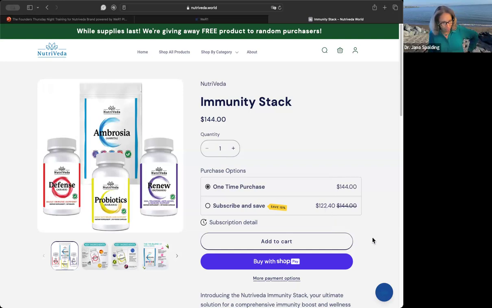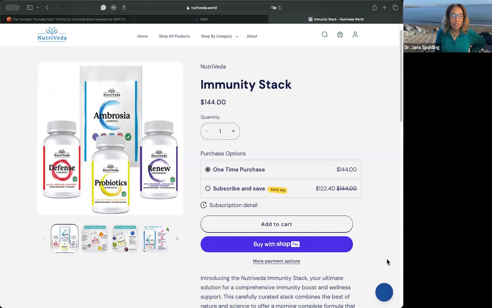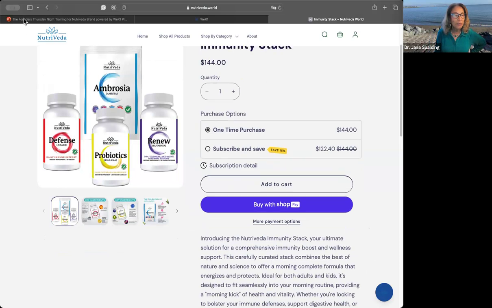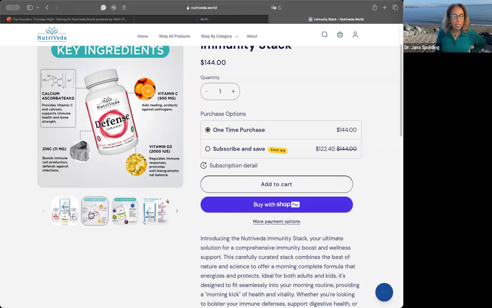I immediately recognize this from Amazon. Some of you might. And it gives you all the details of it, and this is where you can buy it. However, look at what it does. When you come up here, that's the initial picture, but then you click on this one and it blows up every single one of the products that are in the immunity stack.